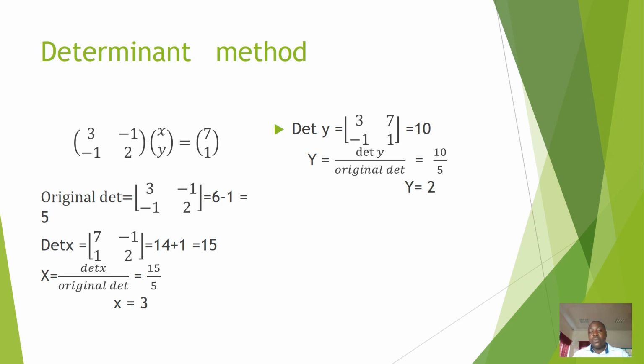The same applies to y. We shall come and get det y. To get det y, we go to the original determinant matrix, remove the column of y and replace it with 7, 1. Then get the determinant, which is 3 times 1 minus negative 1 times 7, giving us a 10. So to get y, we divide det y by our original determinant, which is 10 over 5, which is a 2.